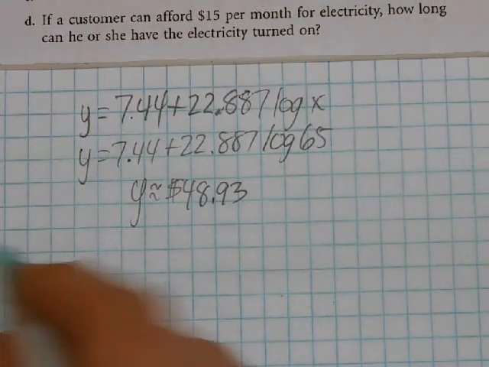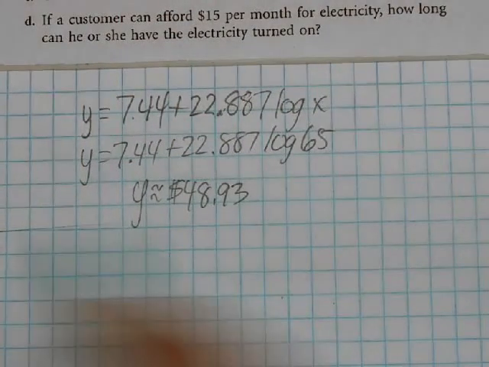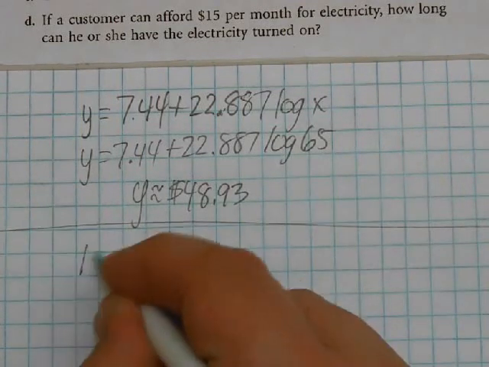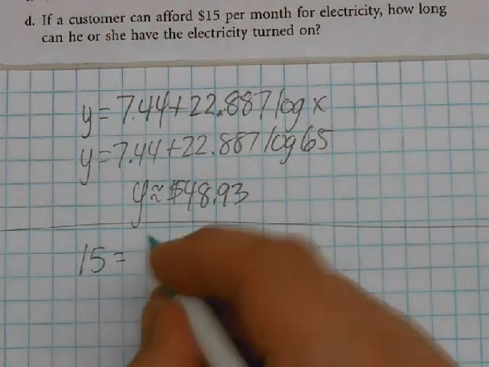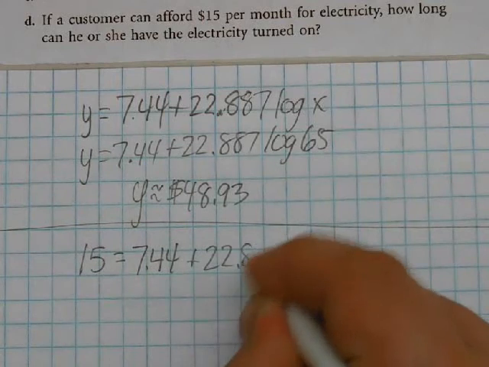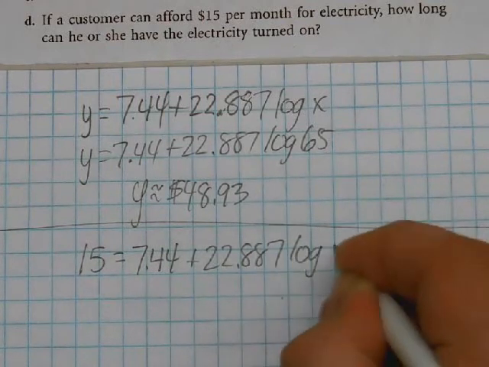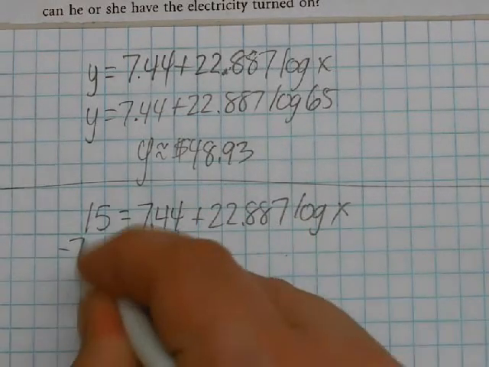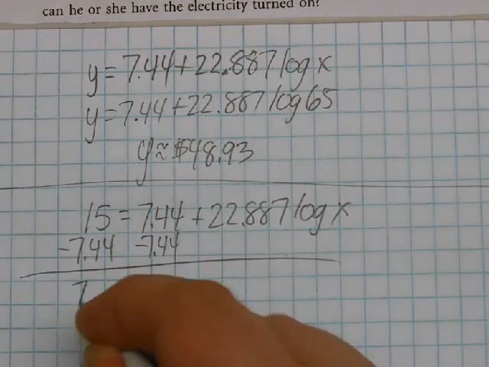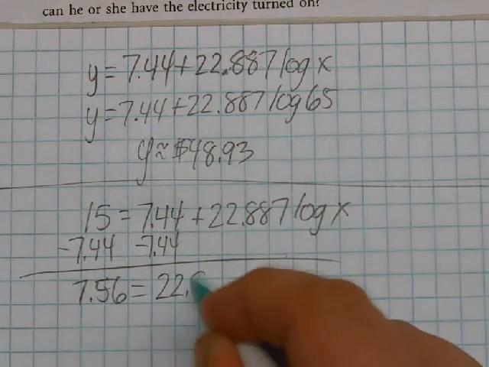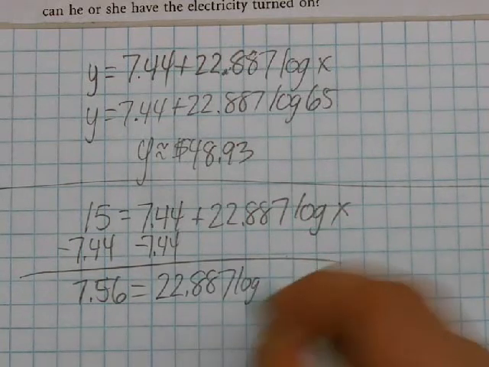And then for D, if a customer can afford $15, how long can he or she have electricity turned on? So we get $15 equals 7.44 plus 22.887 times the log of x. To get the log of x by itself, we'll subtract 7.44 from both sides. It gives us 7.56 equals 22.887 times the log of x.